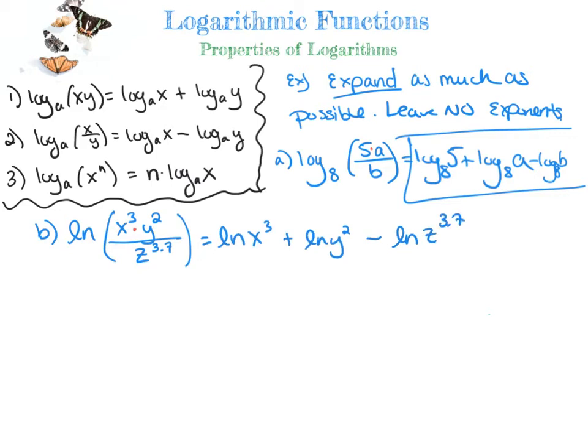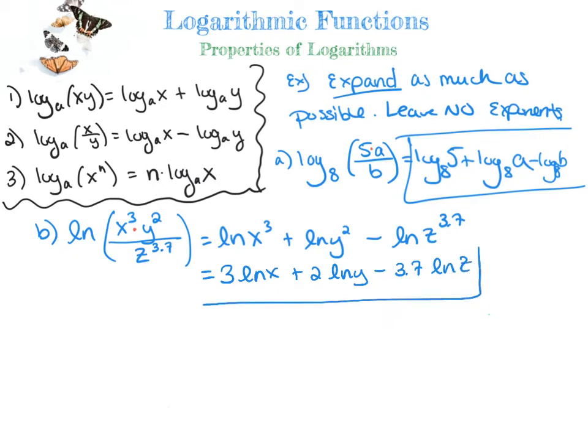And then finally, if we're not supposed to have exponents, we need to get rid of the 3 and the 2 and the 3.7, but now because this is just ln of x cubed, and the cubed is applying entirely to the x inside the log, now I can use rule 3. So this will become 3 ln of x plus 2 ln of y minus 3.7 ln of z.